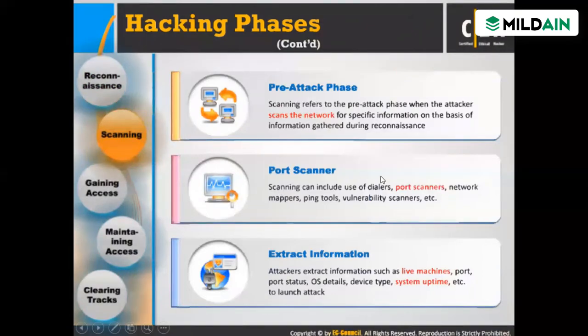Second is the scanning of the ports. We'll be covering these. The third is extracting the information from them. So we scan the computer or the device that we are planning to attack, remotely or sometimes nearby, and we gather the information, and then finally we launch the attack. That is called scanning.